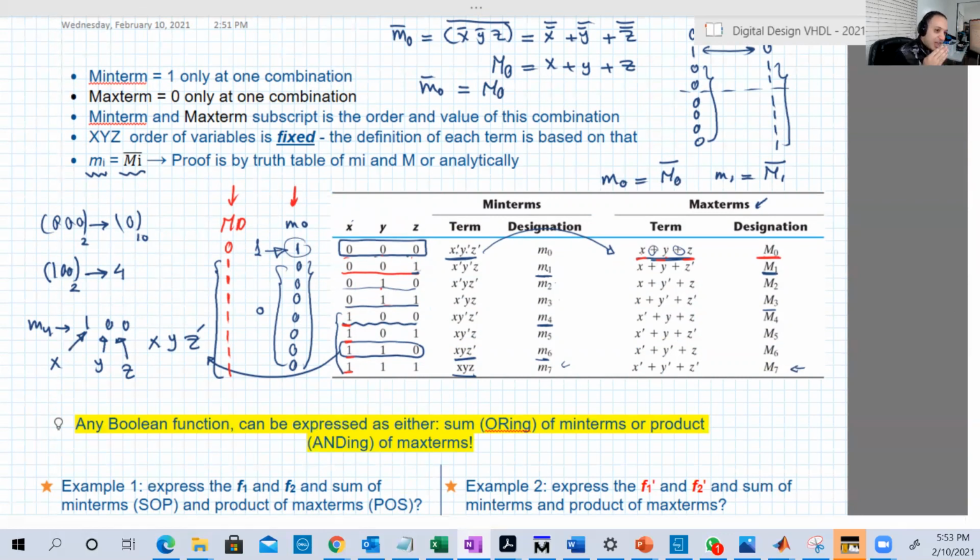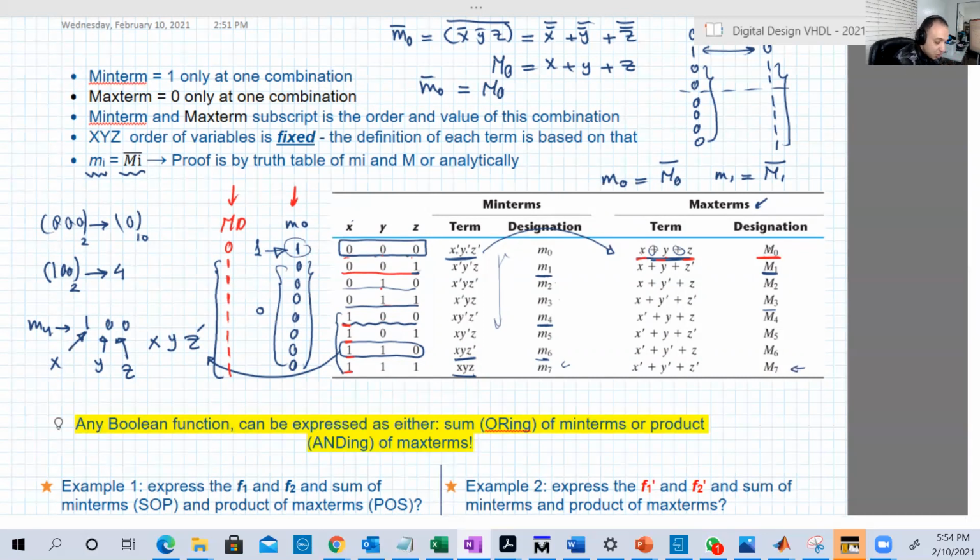We multiply, in other terms, although that's not so accurate, x bar by y bar by z. And as you see, all of them are just products. The opposite is the max term. For example, M0 is x or y or z, or in other terms, although it's not accurate, x summed with y plus z.